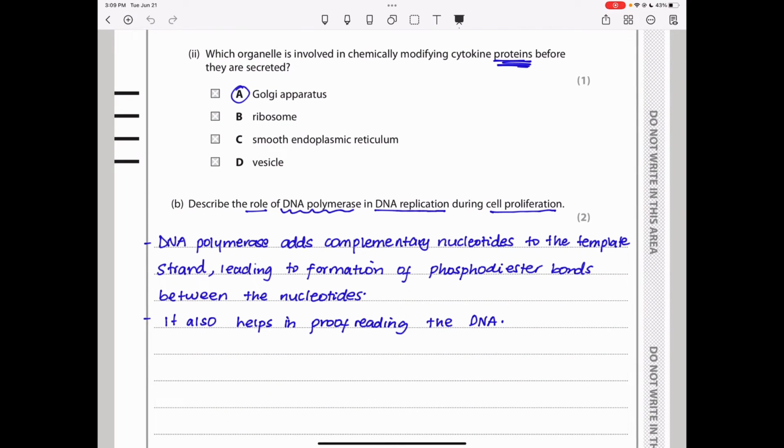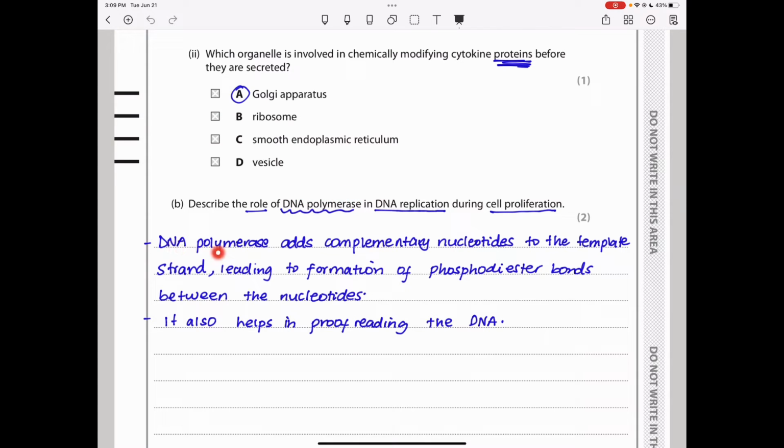Part B says, describe the role of DNA polymerase in DNA replication during cell proliferation. Cell proliferation means rapid increase in the number of cells or rapid cell division. DNA replication is basically increasing the number of DNA, and DNA polymerase is the enzyme that causes the DNA replication.